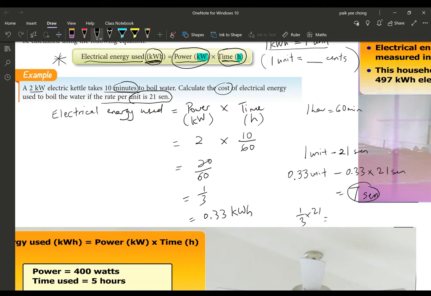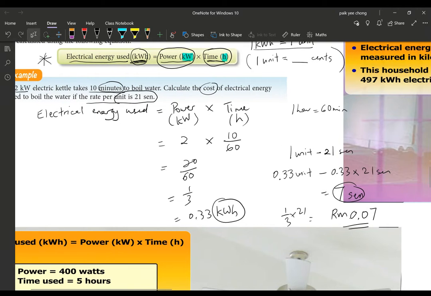So 7 cents, if you want to put it into RM, it's actually 0.07. You don't have to put the cent behind that. So then you've already solved the first question. First of all, you need to find the kilowatt hour. And then from there, you times with how many cents. The question says 21 cents, so you have to times 21.